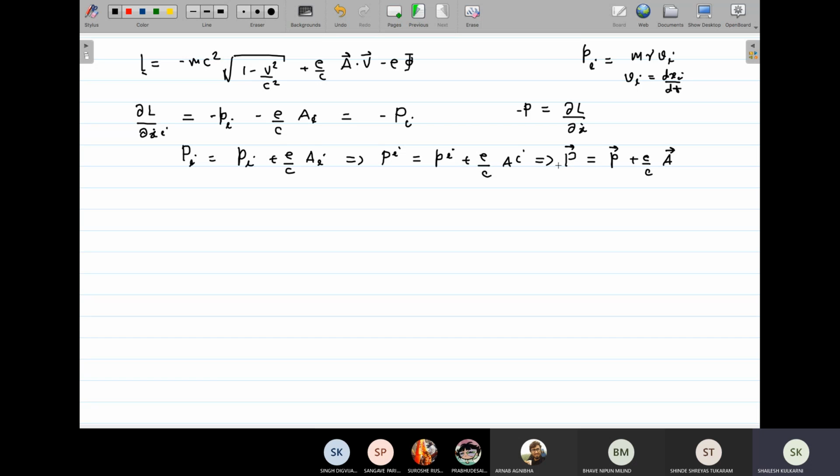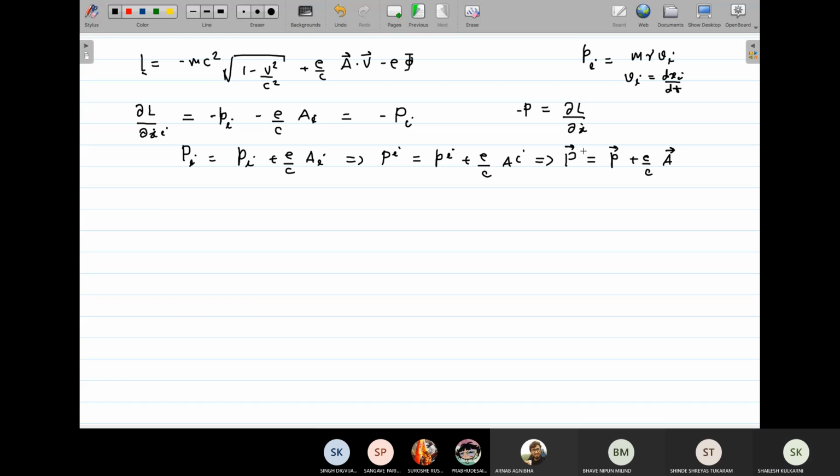Suppose we are discussing a free particle. If my particle was free, then I will have only this small p.